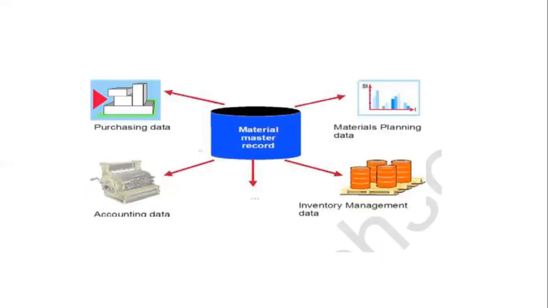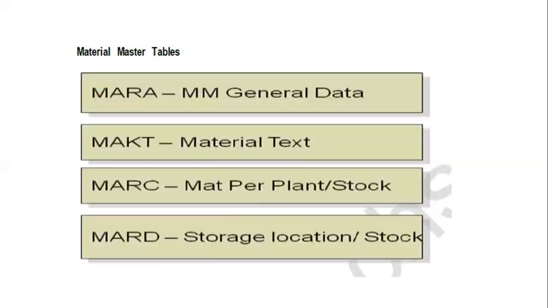It has four types of data, that is purchasing data, accounting data, materials planning data, and inventory data. These are the material master tables in which the data is stored.